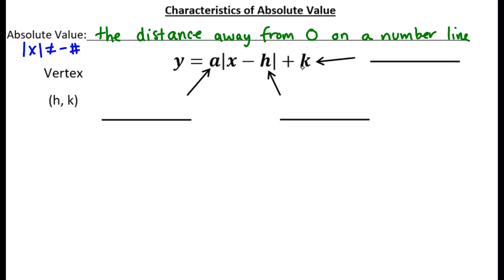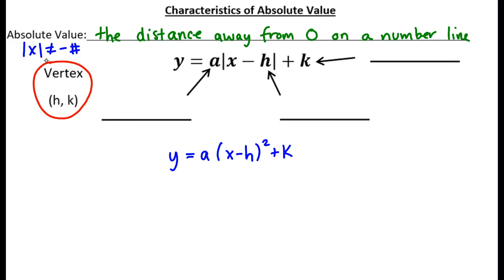Very similar to that of a function in vertex form of a quadratic. So our a, h, and k are all very similar. Remember, in a quadratic, our vertex was at h comma k. Same thing holds true for absolute value.